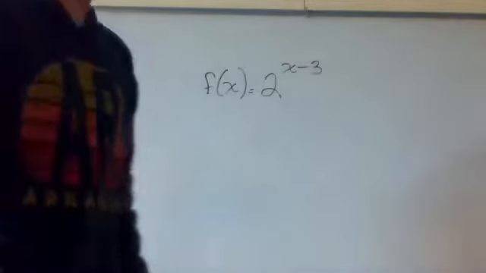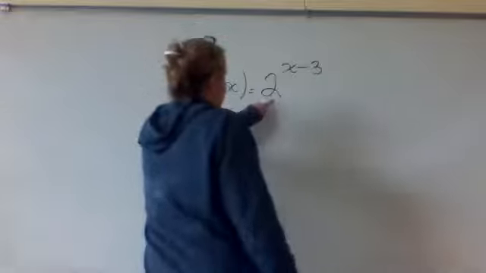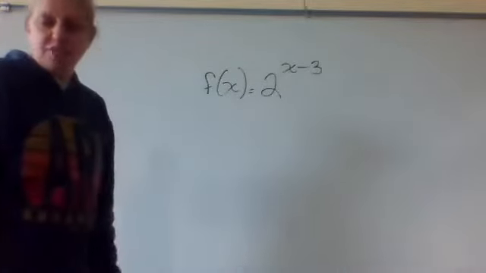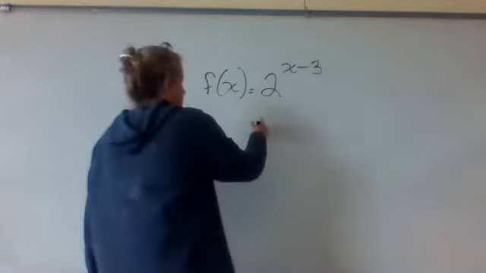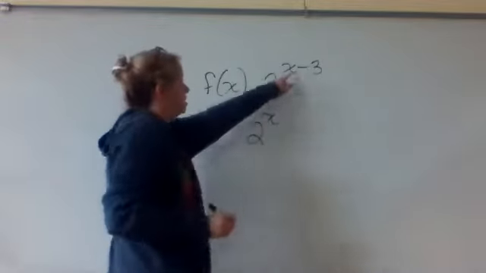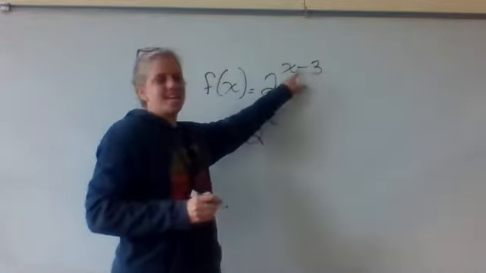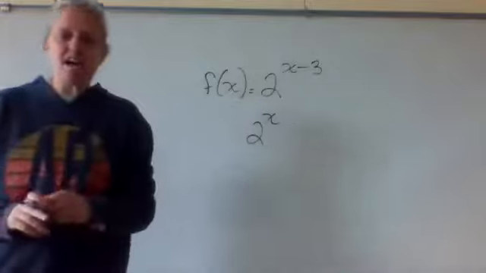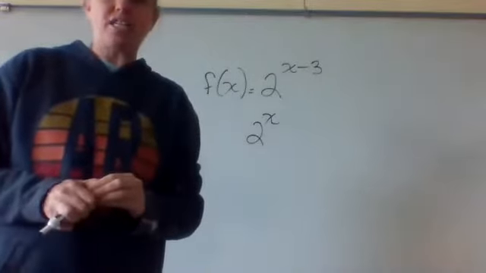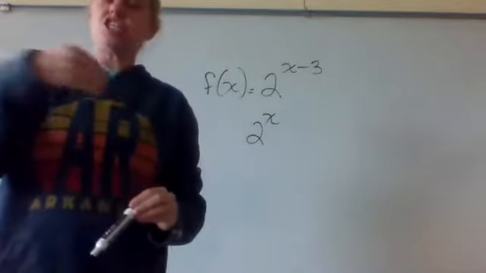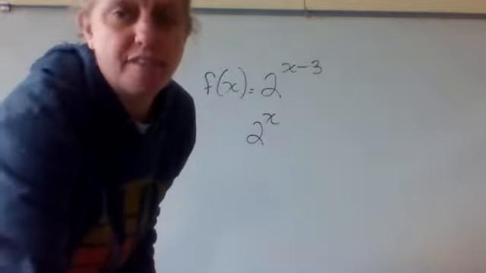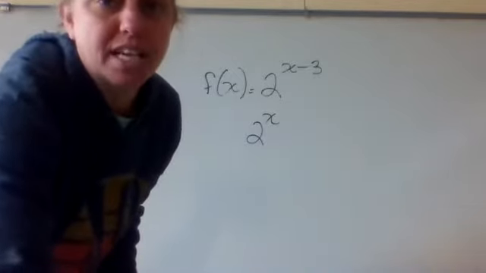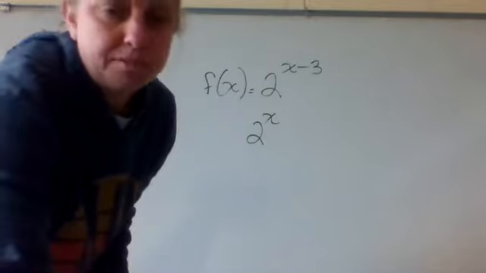Which means you're going to start off with the base of 2 to the x power. This minus 3 is an inside number, right? It's inside the exponent, which means it's going to shift it horizontally, left or right, but you go opposite of the sign.